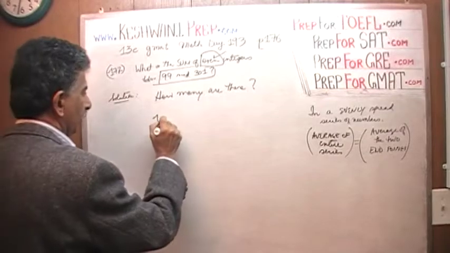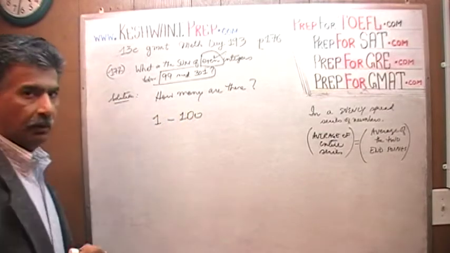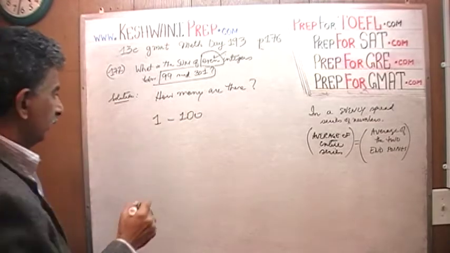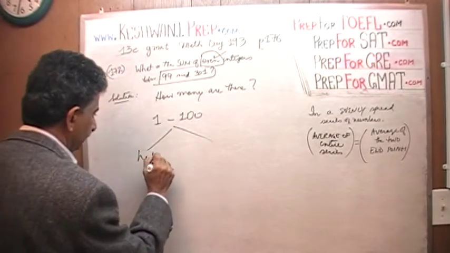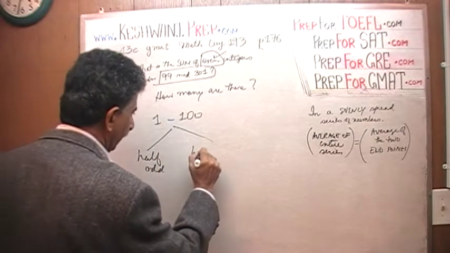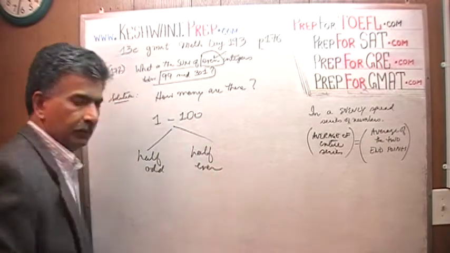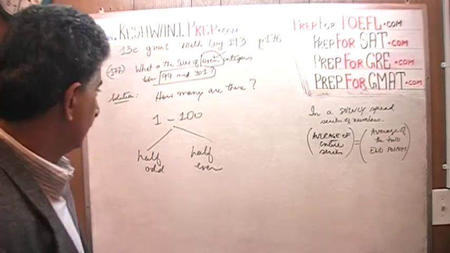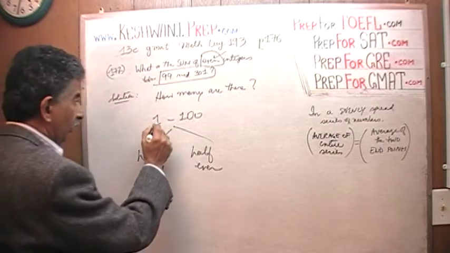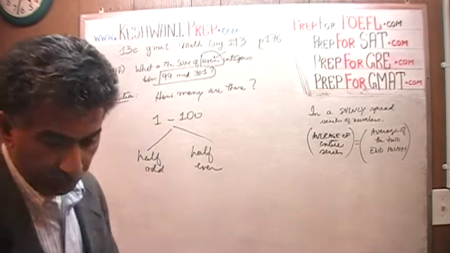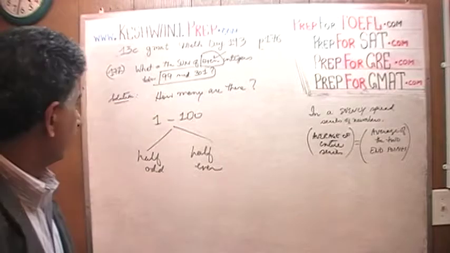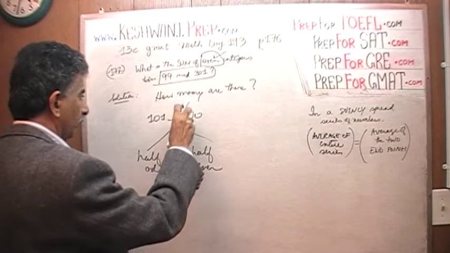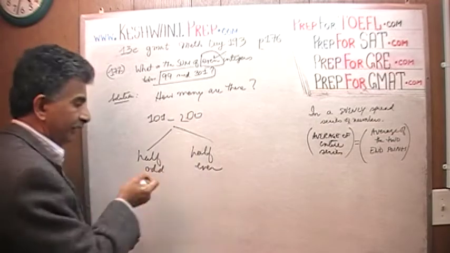Well, we know that from 1 to 100, there are 100 integers, obviously. Half are going to be odd, and half are going to be even. That's nothing earth-shattering, that's a very simple concept. Therefore, from 101 to 200, the same exact thing will apply.